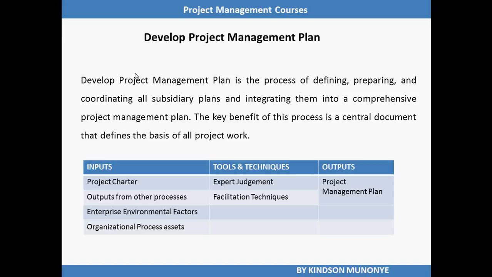Other inputs are enterprise environmental factors and organizational process assets. Let's briefly take a closer look at these inputs, then look at the tools and the techniques, and then the output, which is just one big document, the project management plan.